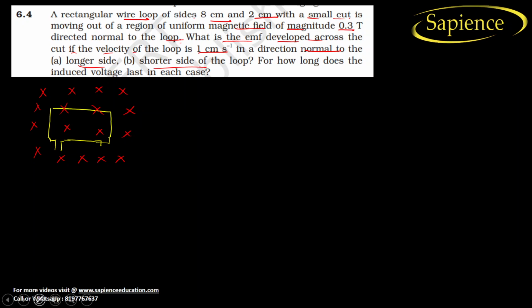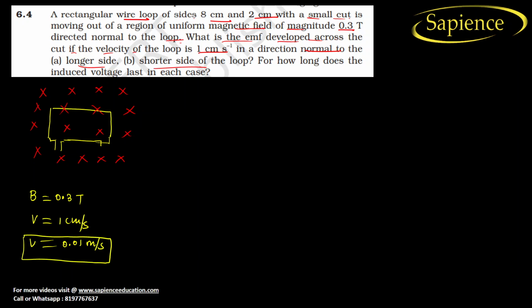What they have given you, first of all write this down so that we can get an insight. The magnetic field they have given is 0.3 Tesla, right? And the velocity they have given is 1 centimeter per second, so we can use it as 0.01 meter per second. Got it? I hope you have understood this one.